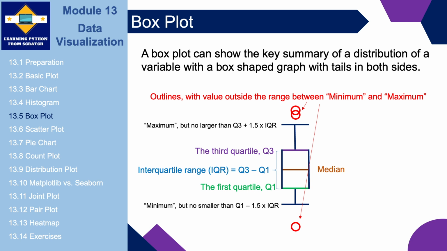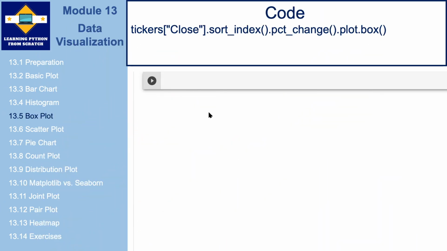Let's show the distributions of daily stock returns for the 5 stocks using a box plot. Here we want to base on the closing price, and then we sort the index and use it to calculate the percentage changes, and then we are going to plot the percentage changes in a box plot.